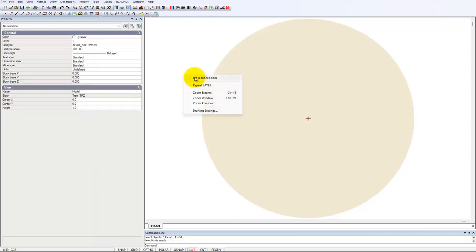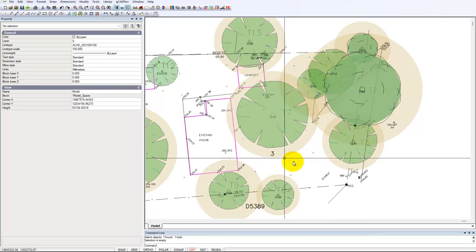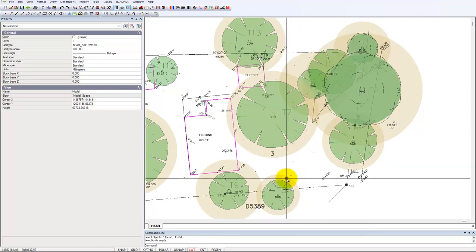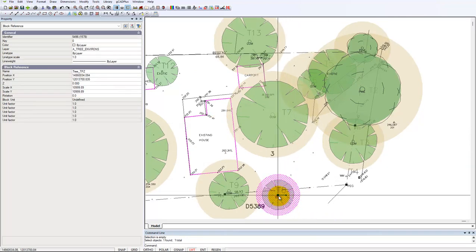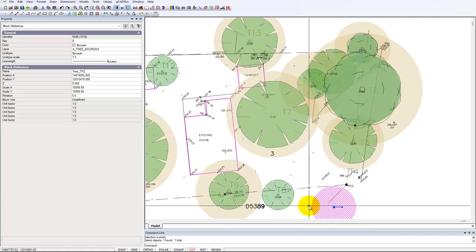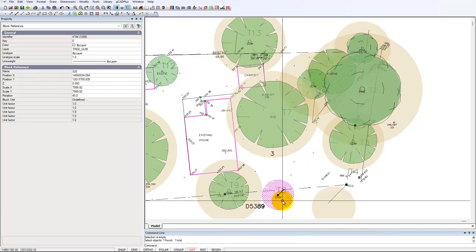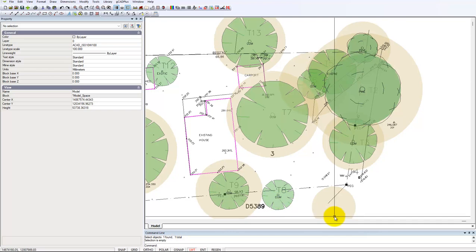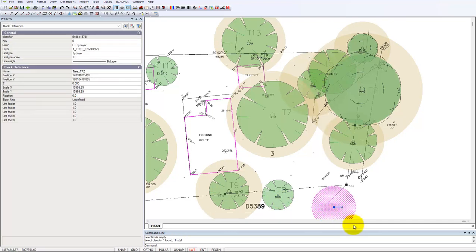And the reason for that is that no matter where we put it, we can see through it. So there's just a tree symbol here, which happens to be a eucalypt symbol, and here's the tree root protection zone.